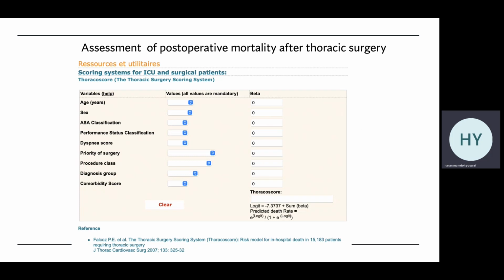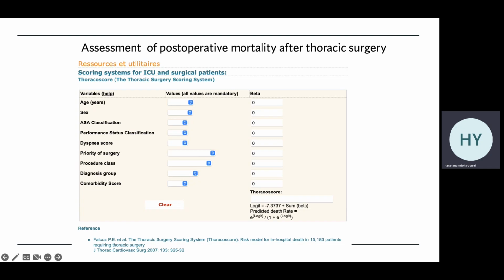For postoperative mortality risk, in cardiac surgery there's the EuroSCORE. However, in thoracic surgery, the Thoracoscore is not very representative, as it is in the EuroSCORE. It was developed in the French population, and it was for pneumonectomy.